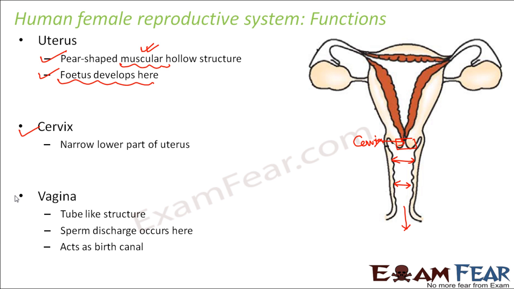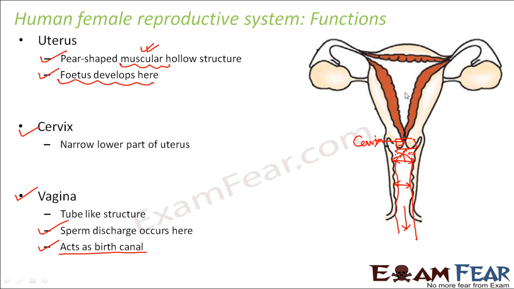And then the last part, that is the vagina, which is a tube-like structure. Sperm discharge occurs here. That's because the penis gets inserted in this area. Once the penis gets inserted here, the sperms are released here. So this is the place where the sperm discharge will take place, and it also acts as the birth canal.